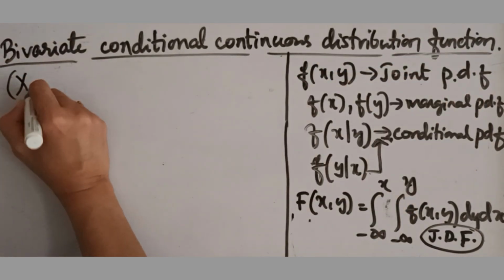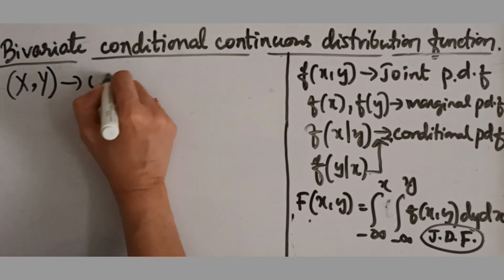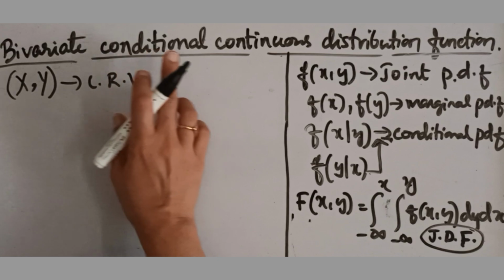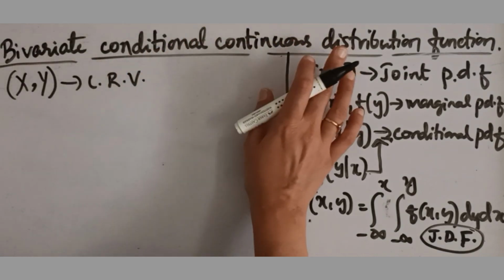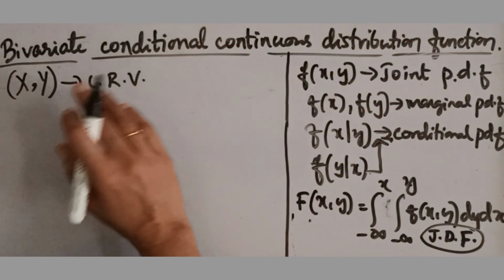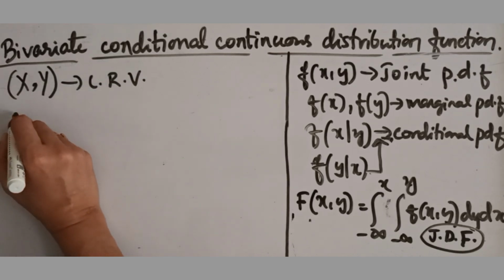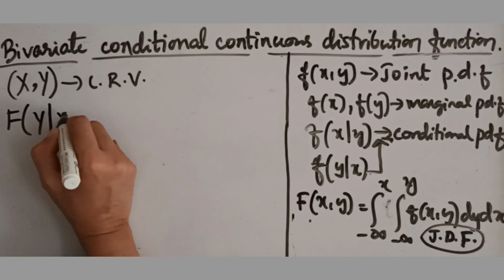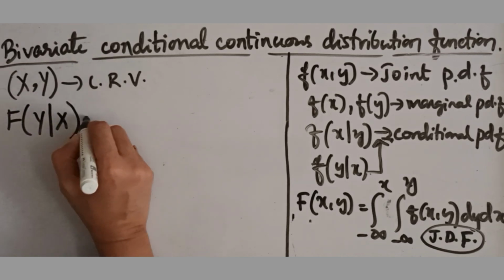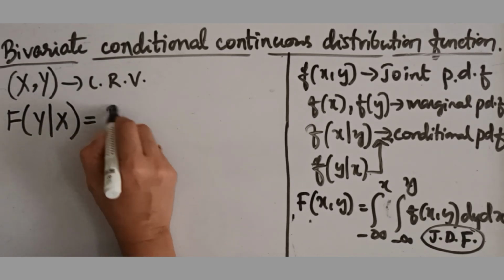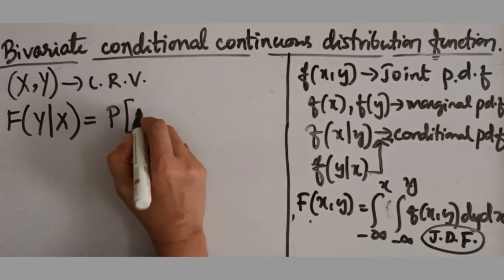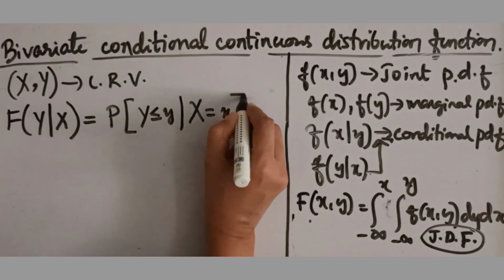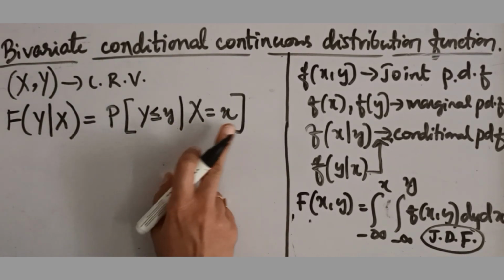So x comma y are continuous random variables. They are defined on a sample space. To define the conditional distribution function of y given that x equal to x, that is denoted as F of y given that x has occurred, which is equal to the probability, that is the sum of all probabilities here, less than or equal to y, x equal to x, as per the definition of conditional probability.